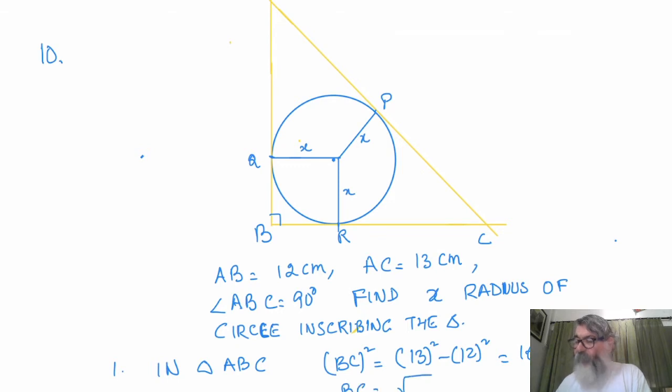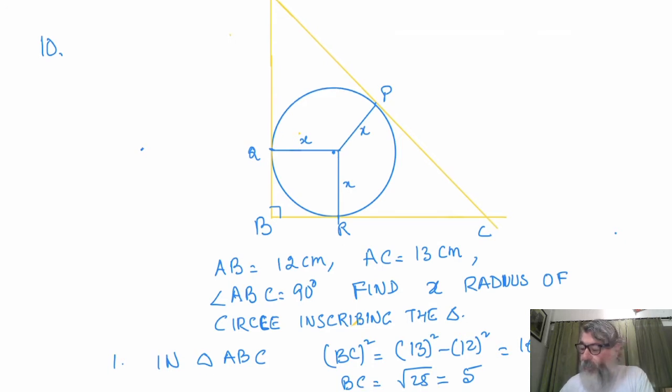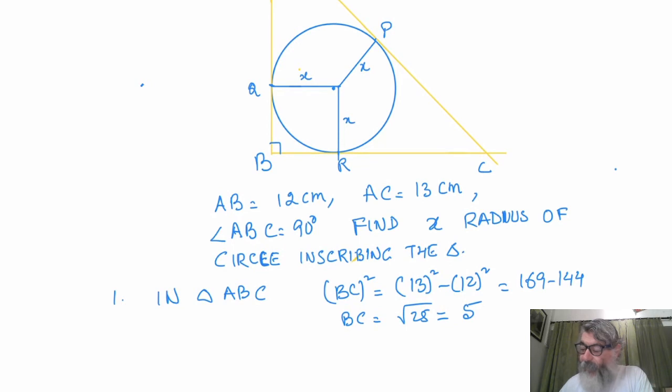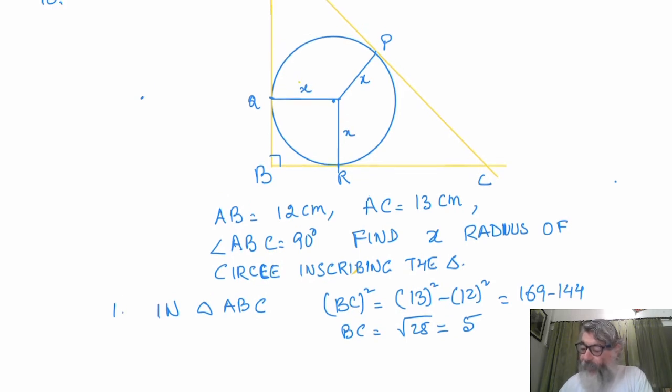The square root is always positive, whenever we take a square root, we take the modulus. So we got this as 5. Now, second thing is that please notice in this figure, this is O.